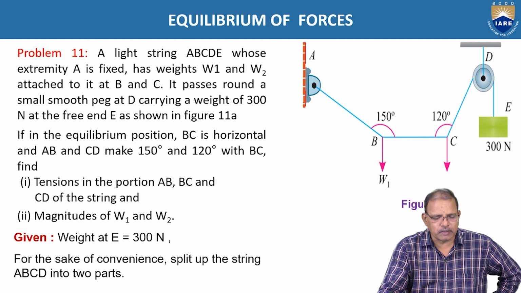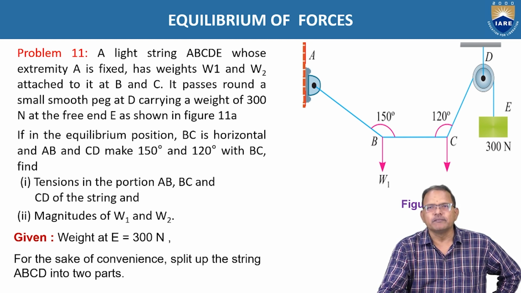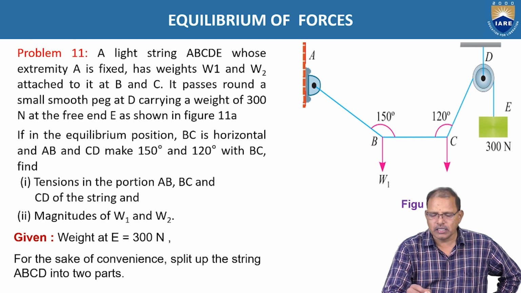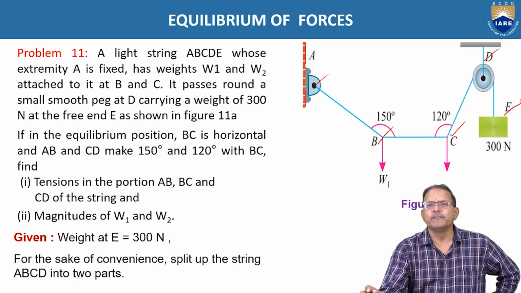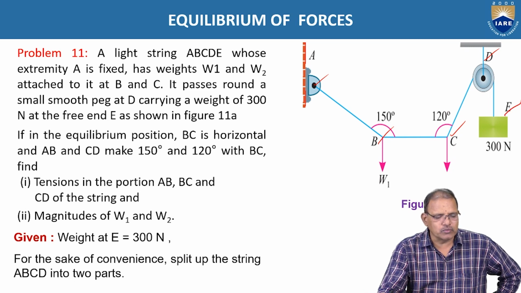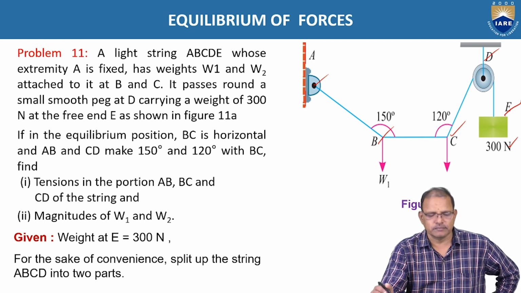Here is a similar problem, problem number 11. A light string ABCDE, whose extremity A is fixed, has weights W1 and W2 attached to it at B and C. It passes around a small smooth peg at D, carrying a weight of 300 newtons at the free end E as shown in the figure.